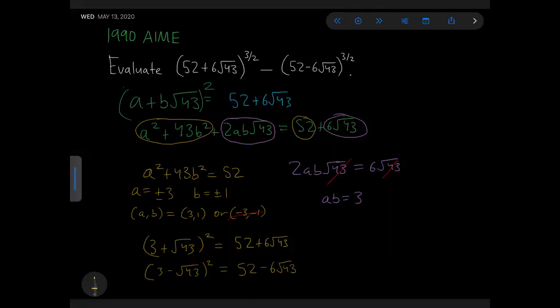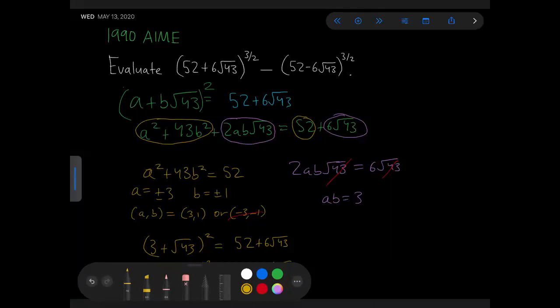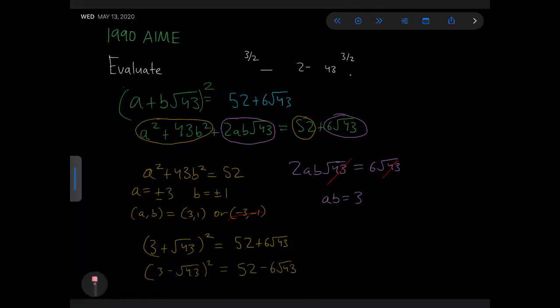So now we can rewrite the original question. Instead of saying 3 halves, we can say, what is 3 plus square root 43 cubed minus square root 43 minus 3 cubed? So let's do that.